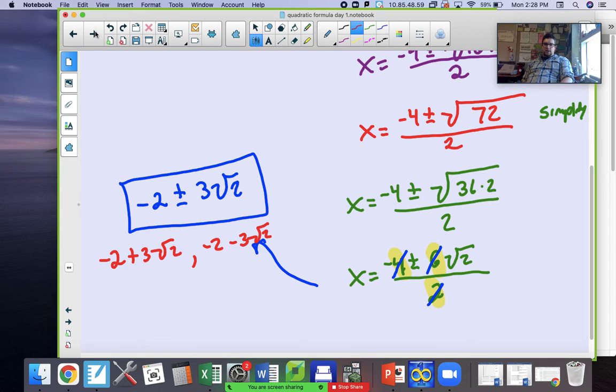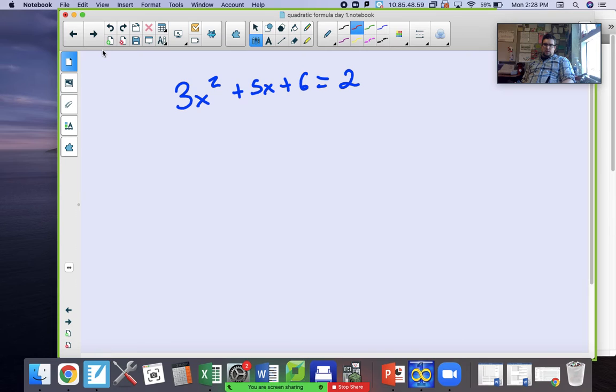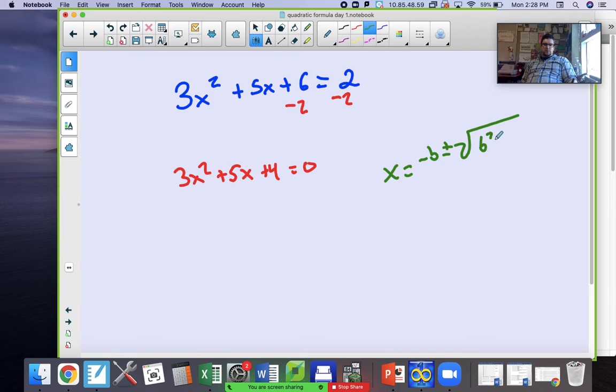Last example I want to look at for this video is this one. Again, first things first, make it equal 0. We start to set up our quadratic formula. We get x equals negative b plus or minus the square root of b squared minus 4ac all over 2a.